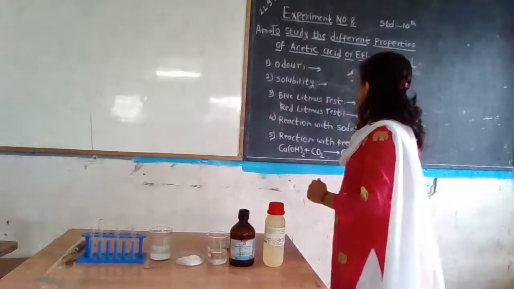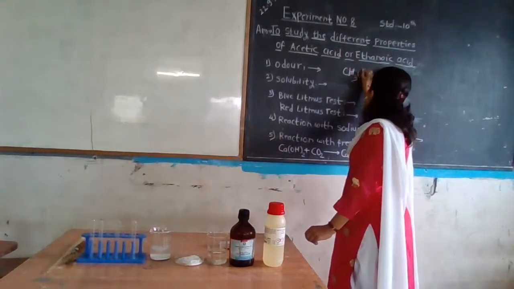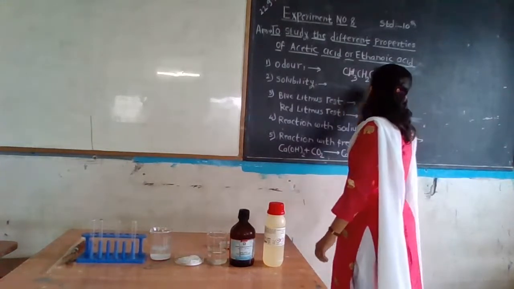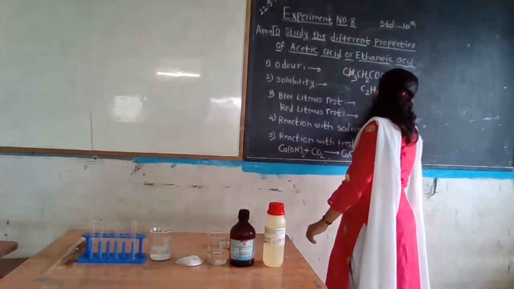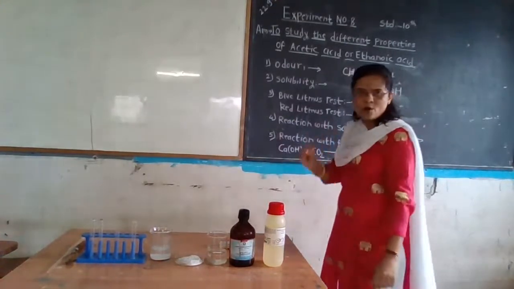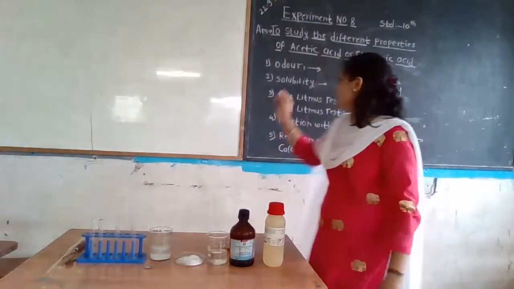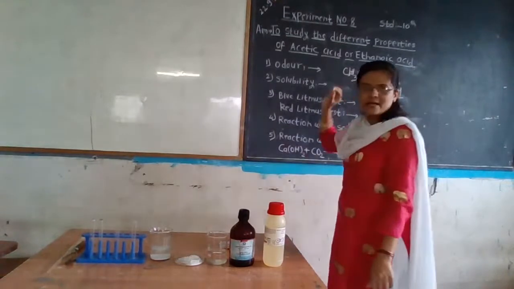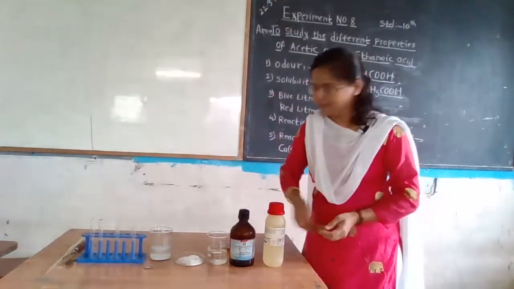This is the molecular formula of acetic acid, CH3COOH, and we can write it as C2H4O2. COOH means the carboxylic group, and this is the right molecular formula of acetic acid.